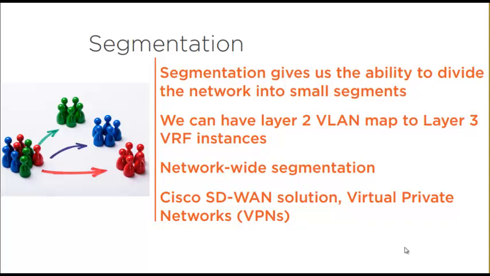So every VRF will have a separate routing protocol, a separate neighbor relationship. The problem with this is it is going to hamper your processor. It is going to hamper your routing performance. Why?